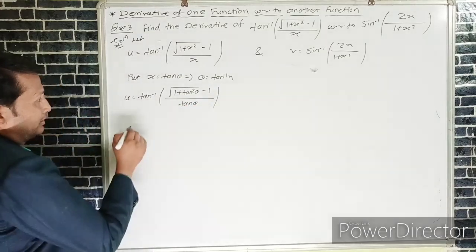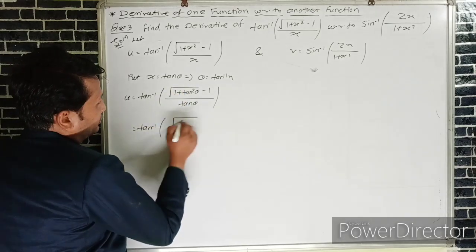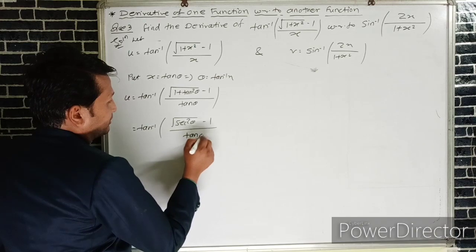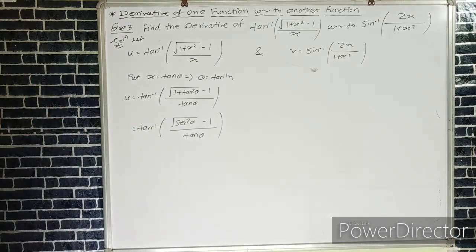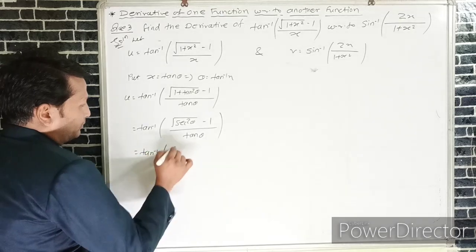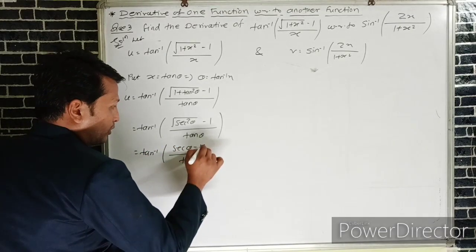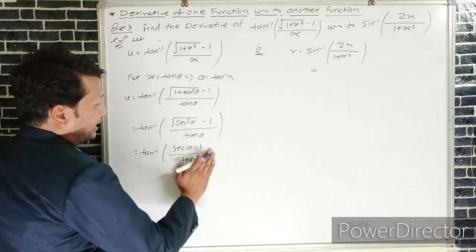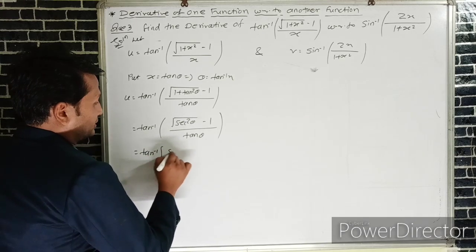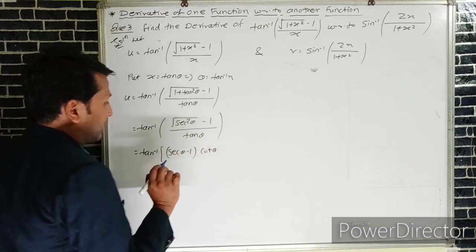We know that 1 plus tan square theta is sec square theta, so we have under root of sec square theta minus 1 upon tan theta. Here under root of sec square theta is sec theta, so we can write tan inverse of sec theta minus 1 upon tan theta. Also, 1 upon tan theta is cot theta, so we can write sec theta minus 1 into cot theta.